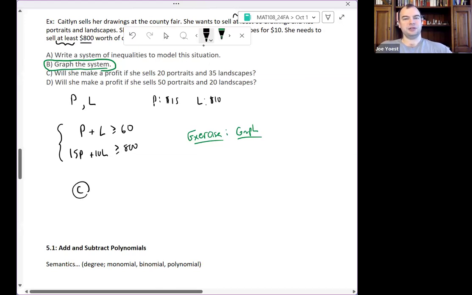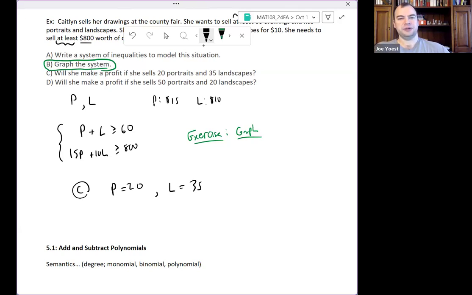And we can look at C, for instance: if she sells 20 portraits and 35 landscapes, did she satisfy her constraints? Did she satisfy this linear system? Is P equals 20, L equals 35 a solution to this system of linear inequalities?